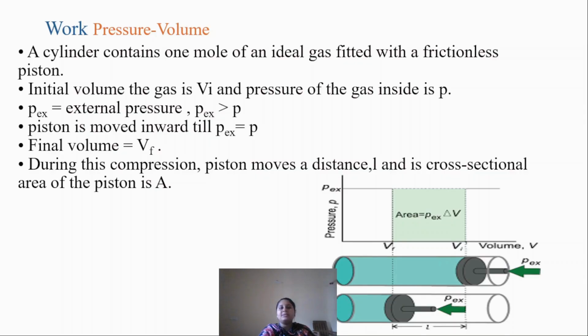So what happens here? The piston moves a distance L and the cross-sectional area of the piston is A. So if this is the piston, when it moves here, the external pressure is applied.